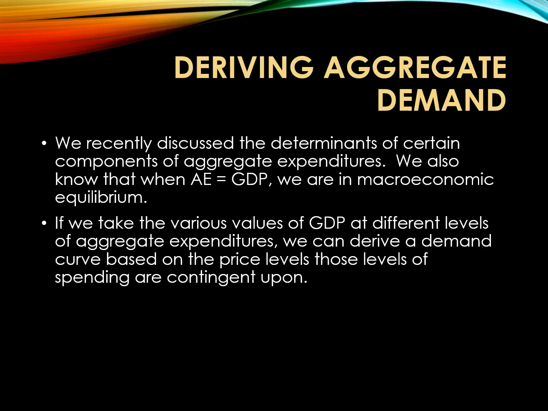That also means that it's assuming a specific price. So if we change the price, we shift the aggregate expenditure line, and then we change the point of macroeconomic equilibrium. And when we do that, we have corresponding prices, corresponding levels of GDP, and then we can basically do what we did with the good old-fashioned demand schedule at the beginning of the semester. We can just plot that, graph that, and then we have a demand curve.